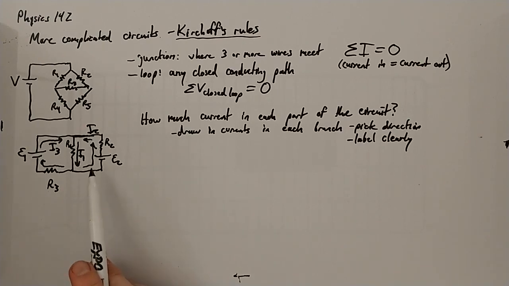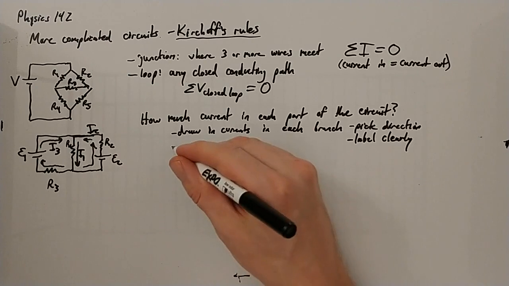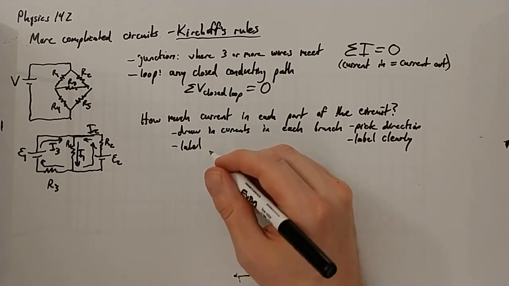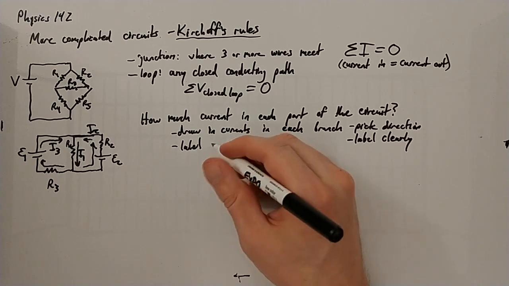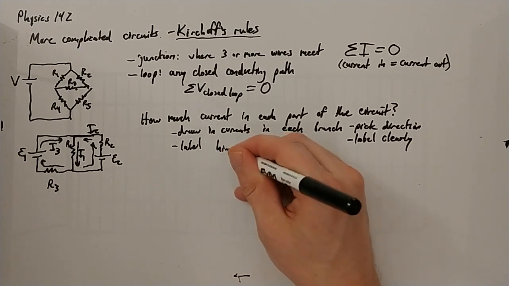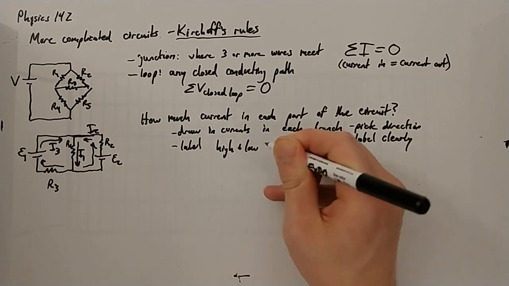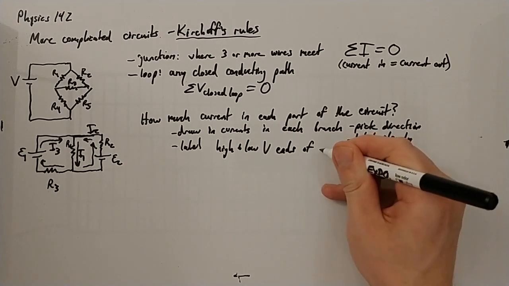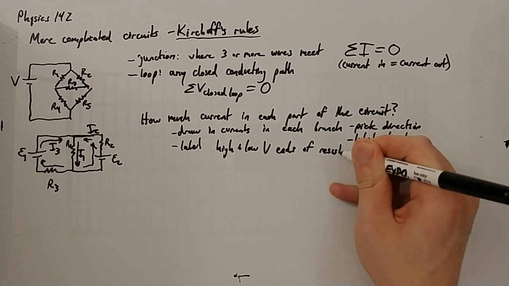The next thing that I do to really help myself is I find it helpful to label the high and low potential ends of resistors. So I'll explain this today. Label high and low potential ends of resistors.